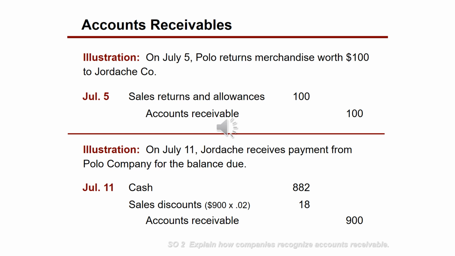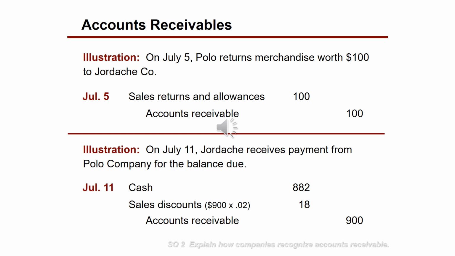And since they are paying within the allowed period for the discount, they're going to get a 2% discount on that 900. So just like we used to do in chapter 5, we're going to debit cash for the $900 multiplied by 0.98, which is the 100% minus the 2% discount.